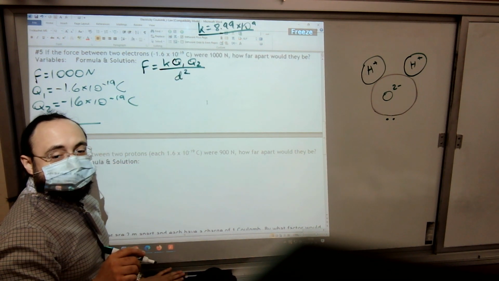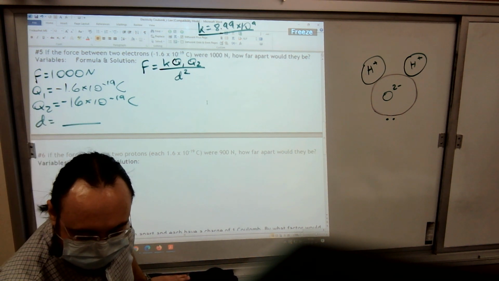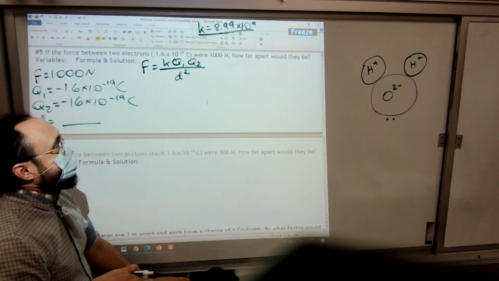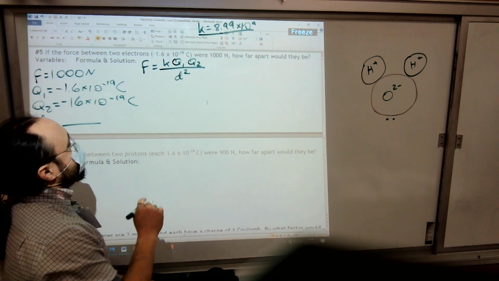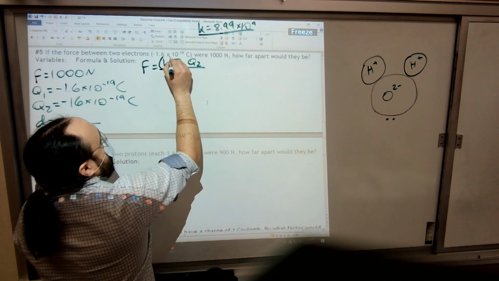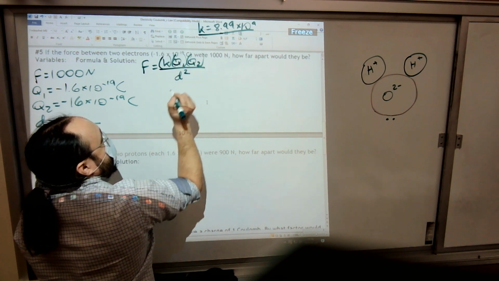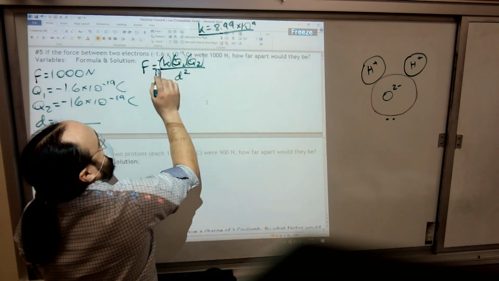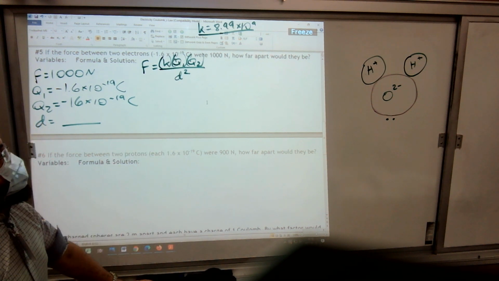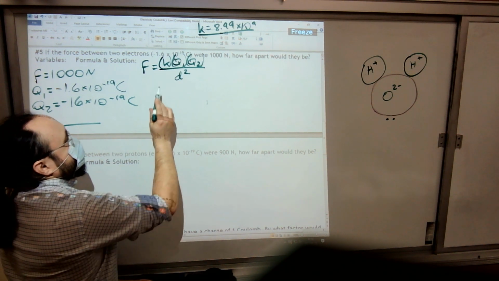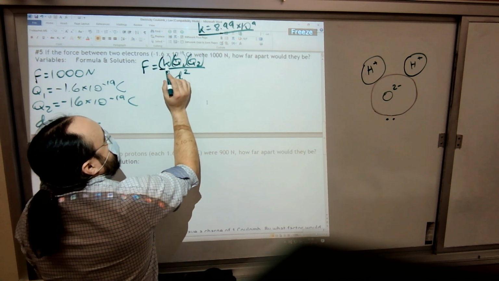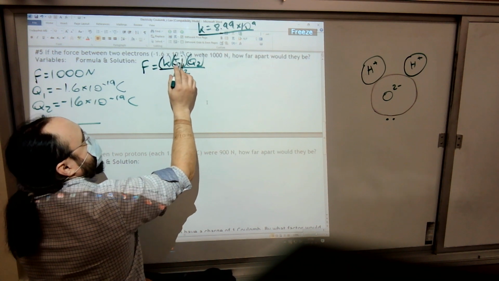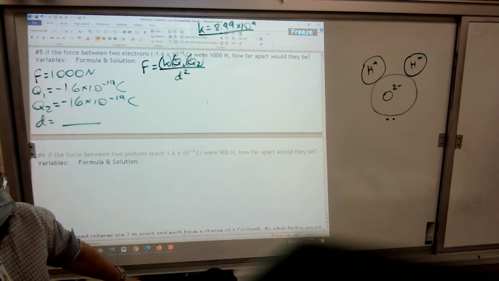If you don't use that shortcut for scientific notation that you figured out in the check-in, you're going to have to use lots of parentheses here. So you would have to say K times Q1 times Q2, because otherwise, since all these things are 8.99 times 10 to the 9 and 1.6 times 10 to the negative 19, when you multiply them, it would say, okay, 8.99 times 10 to the 9 is a number, and then that number times 1.6 is another number, and then that number times 10 to the negative 19 is another number, and it's going to mess you up that way.